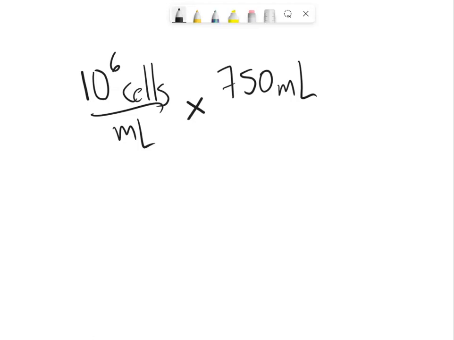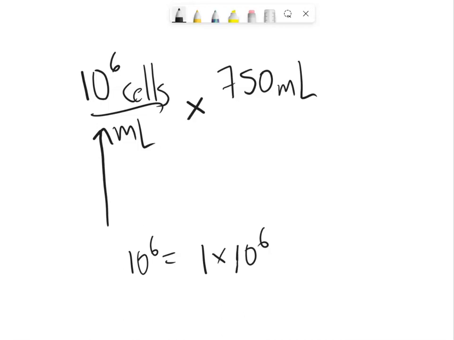Well, what I want to do is get everything into scientific notation as quickly as possible, because that makes it a lot easier to do this math. So this part is already in scientific notation, or almost. 10 to the 6 is equal to 1 times 10 to the 6th.